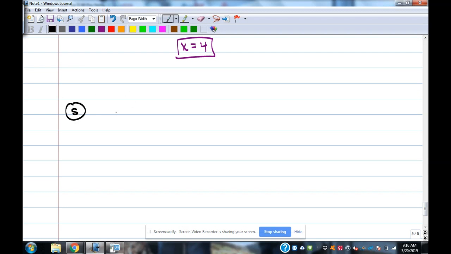Let's say we had log base 3 of 3 to the 6x is equal to 42.